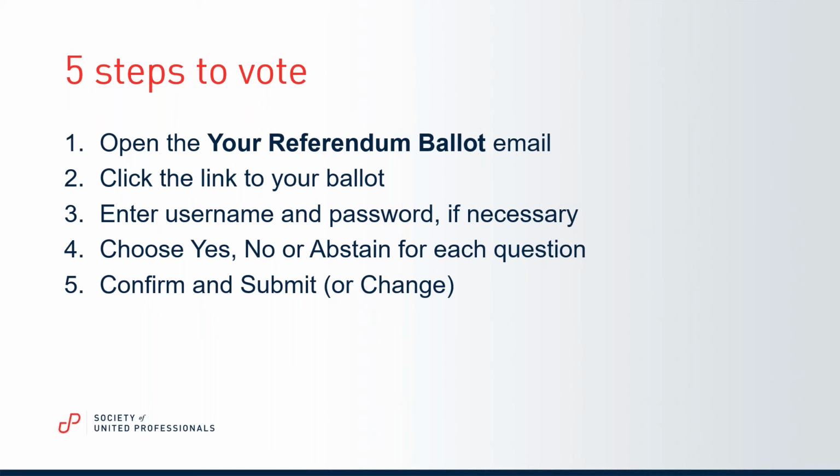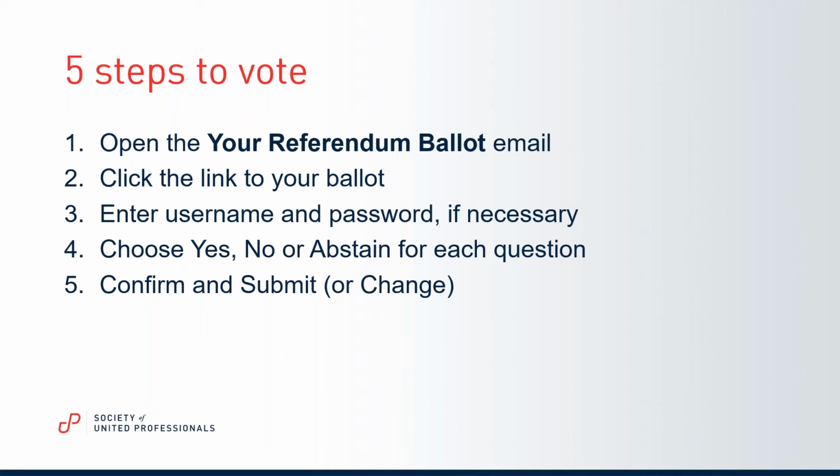So first, voting opened just moments ago at noon today, and at noon, every single member who signed up as a member of the society received an email to their work email address with a couple of rare exceptions, and the subject line of that email was your referendum ballot.